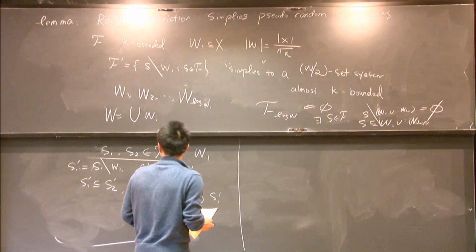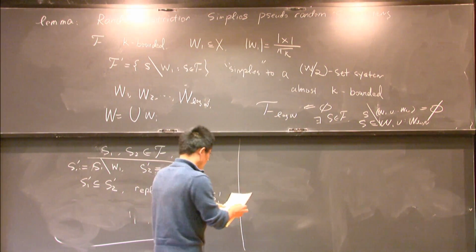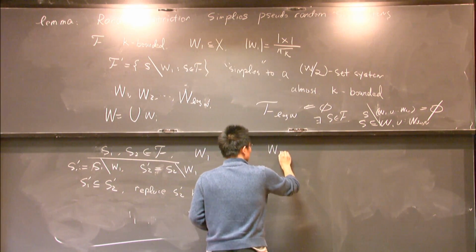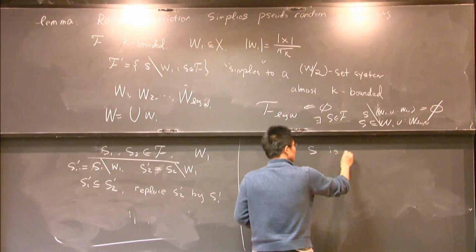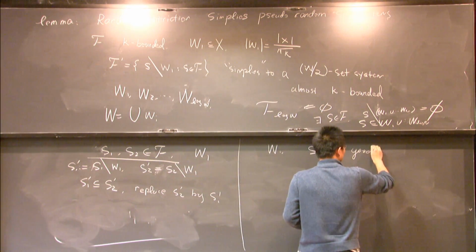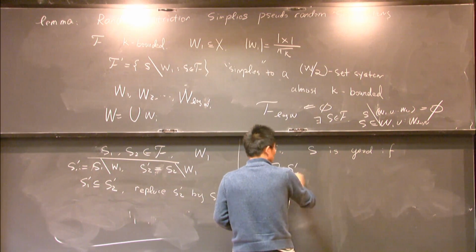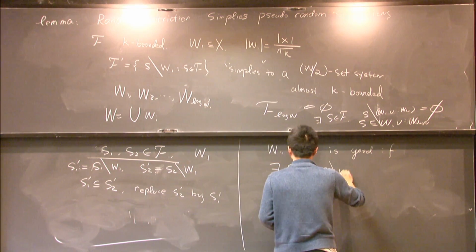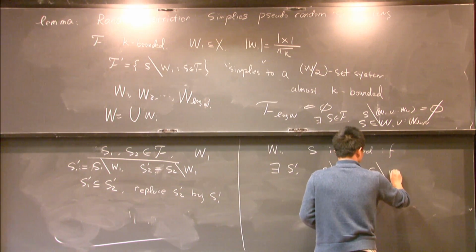Now, this is the simplification. Now we can define, given W1, we call S good if the following is true: there exists S prime with the following property, S prime of W1 is a subset of S1.